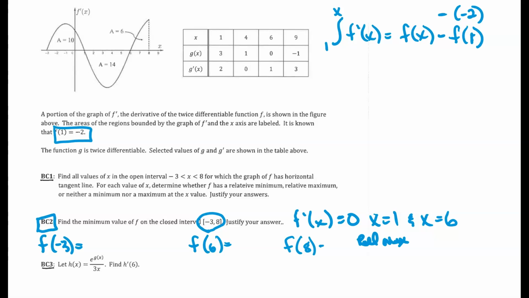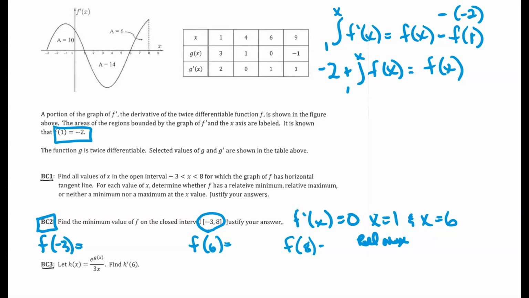So that's +2. So if I subtract it from both sides, I get -2 plus the integral from 1 to x of f prime of x is equal to f of x. No, I think it actually is f of x. My bad. There we go. All right.